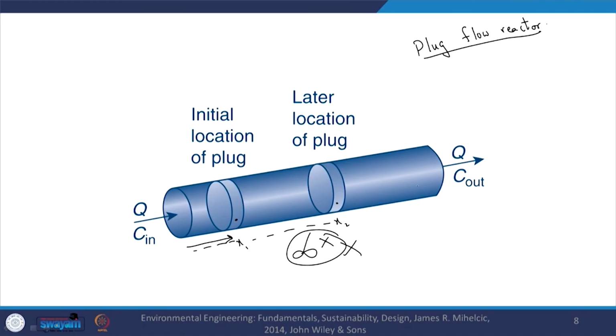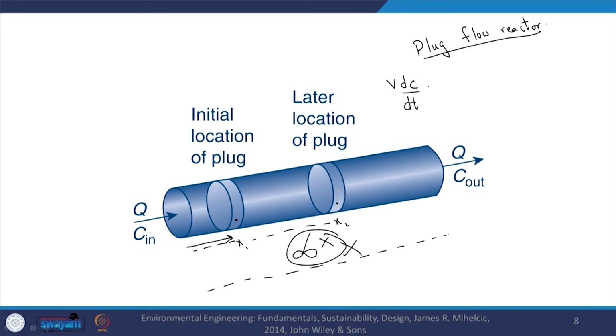So, within this control volume, this particular cylindrical shaped reactor, there is no mixing. So, how does the concentration change? The concentration changes because as the plug travels along the length of the reactor, it undergoes reaction and it will lead to loss of your particular compound. So, let us just try to apply the mass balance equation here and see what is the issue, or can I directly apply the mass balance equation here.